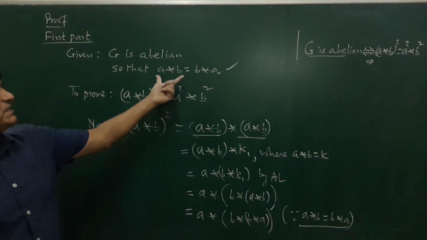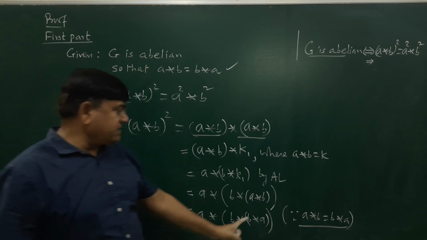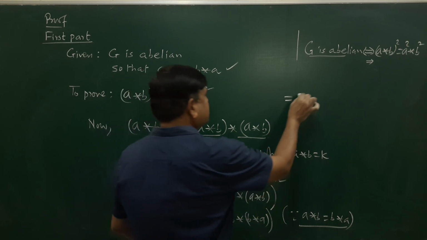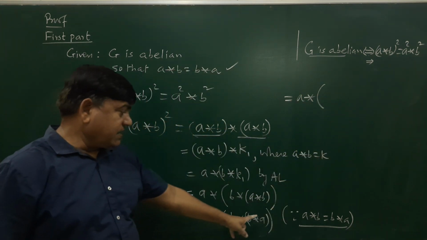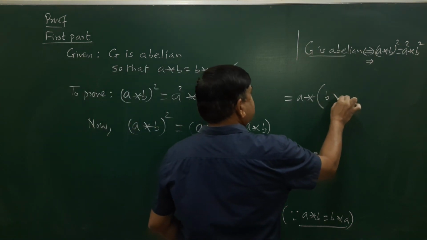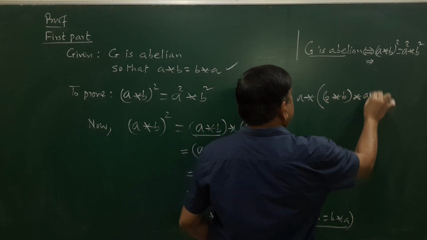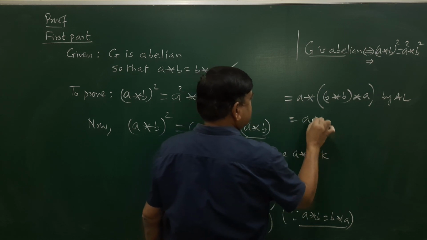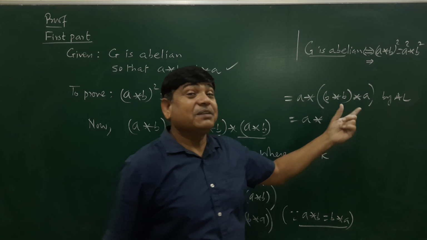Because it is abelian, as given, I can write a star b as b star a. Then look at the bracket also; again we can apply the associative law. Now b star b: what is the meaning of b star b? That is b square.